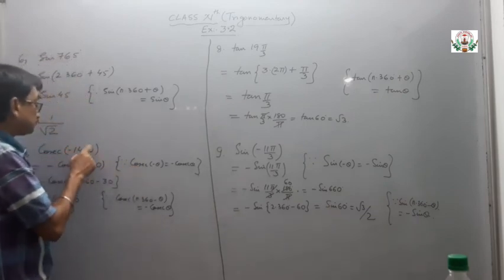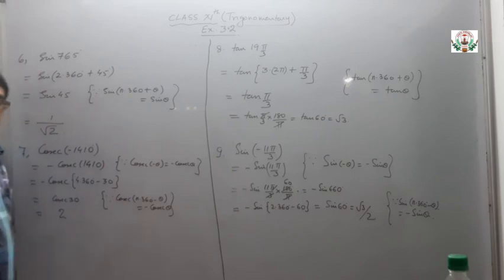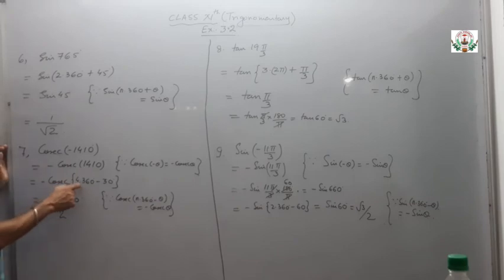Cosec of minus theta will be minus cosec theta, which becomes minus cosec 1410. This 1410 can be brought down by writing the adjustment: 4 times 360 degree will become 1440, and 1440 minus 30 degree will give you 1410.